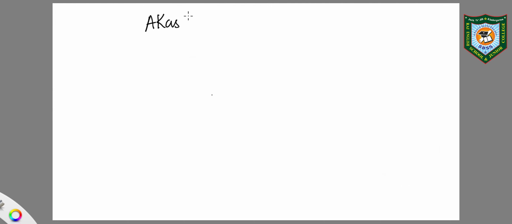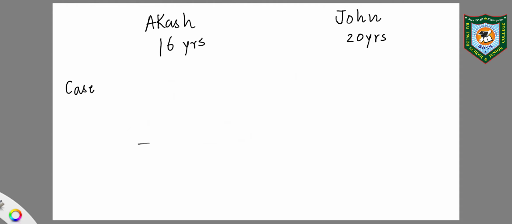The age of Akash is 16 years, and the age of John is 20 years. Now we need to understand how statements work. So let's say case 1, I need to define which age I need to say as x. So in case 1, I'm going to say that let Akash's age be x.